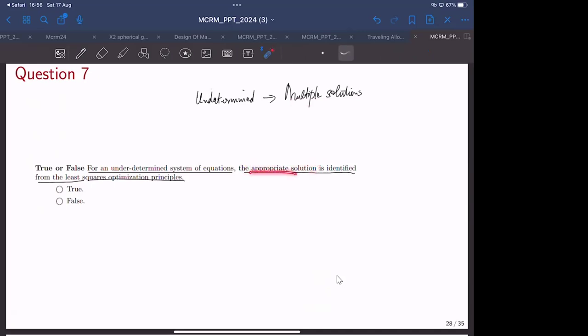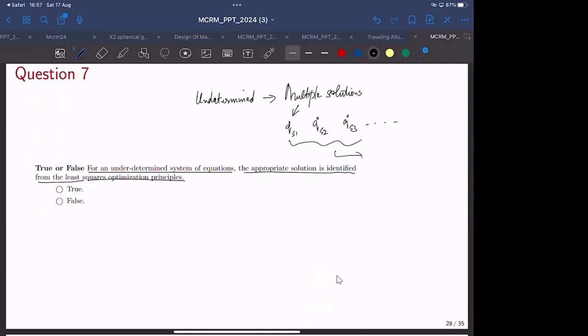Sorry, it's exact. It's not approximate. So for an underdetermined system, we can have multiple solutions, which I'll write as q dot S1, q dot S2, q dot S3. Out of all these multiple solutions, we will select the one which has the minimal norm. Right?